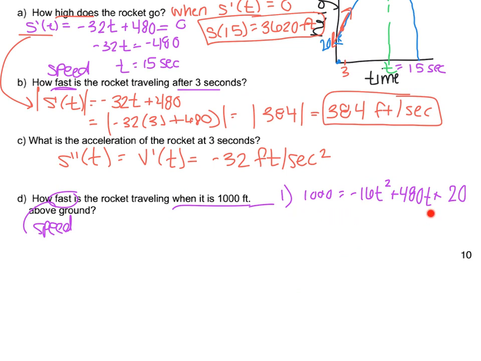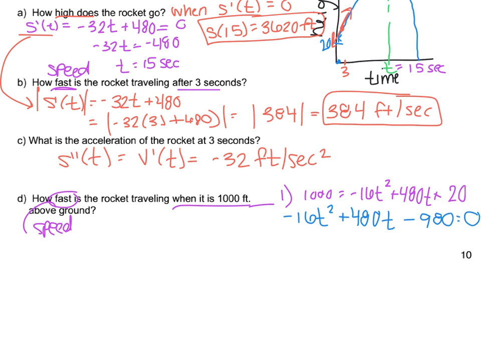First, step one, we're just finding out when that is going to happen. So first we would subtract 1,000 from both sides, and we end up with negative 16t squared plus 480t minus 980. We need to solve for t when that whole equation equals 0.